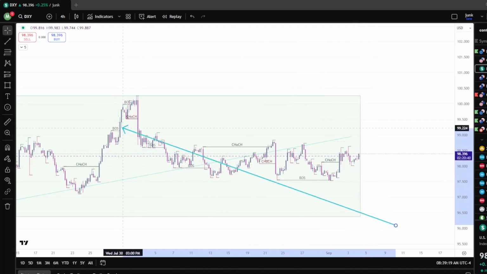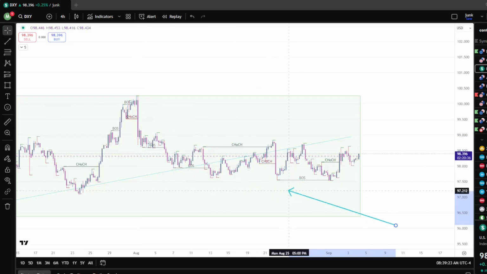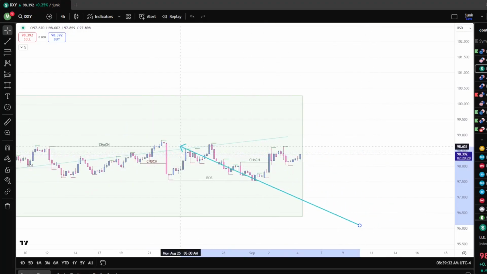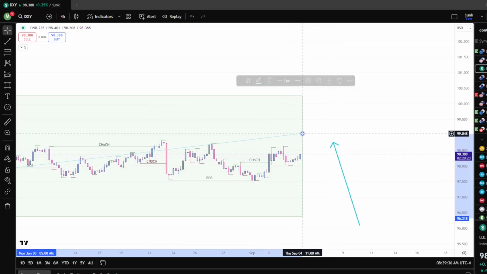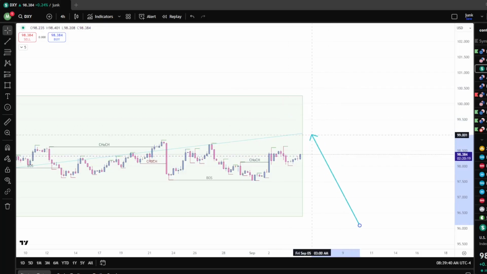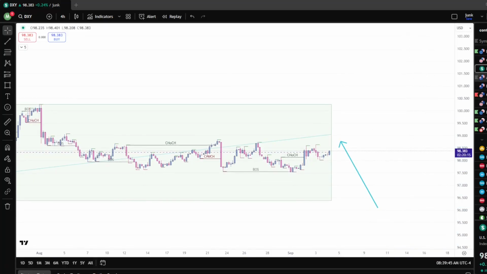It had come back up and made this high as a bullish swing structure overall, but has been consolidating sideways, still in this range. If it does start to break out, I'm looking to see if it can take out these highs and then possibly react from this trend line when it gets there, or if it can continue to break out. And I expect it to keep going while these other US dollar pairs start their move back down.